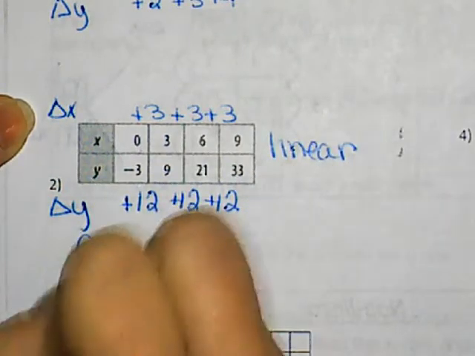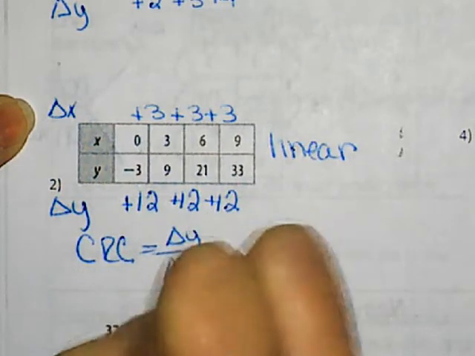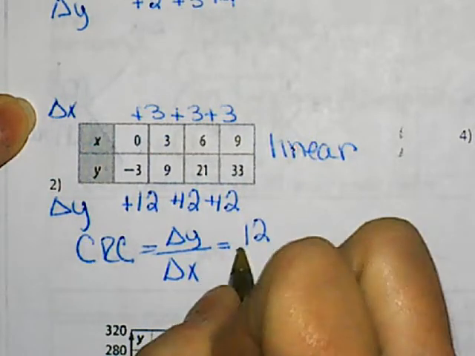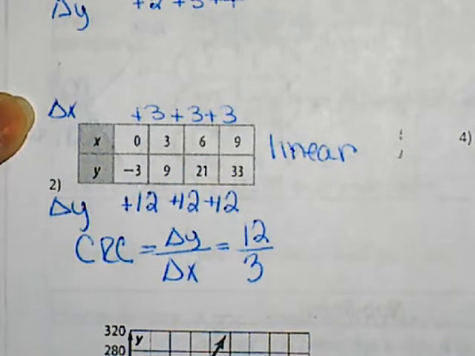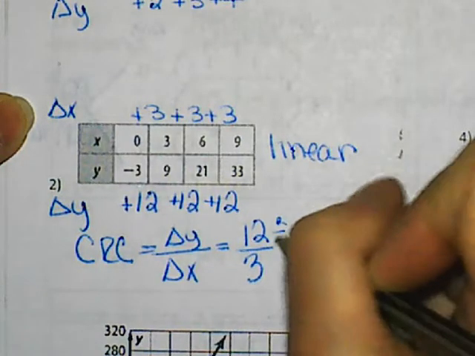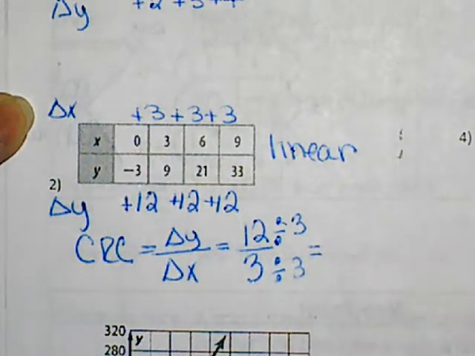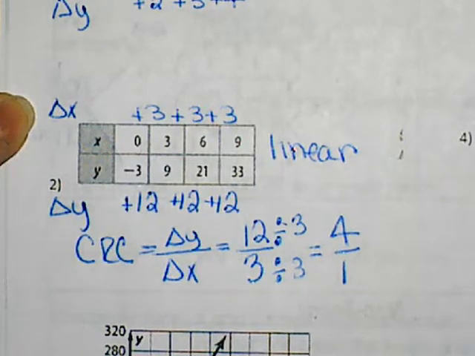And now we need to find the constant rate of change, which is the change in y over change in x. We get 12 over 3. And remember, they must be simplified. They are treated like fractions. You can divide them both by 3. Therefore, the slope is 4 over 1. Do you have any questions at this time?